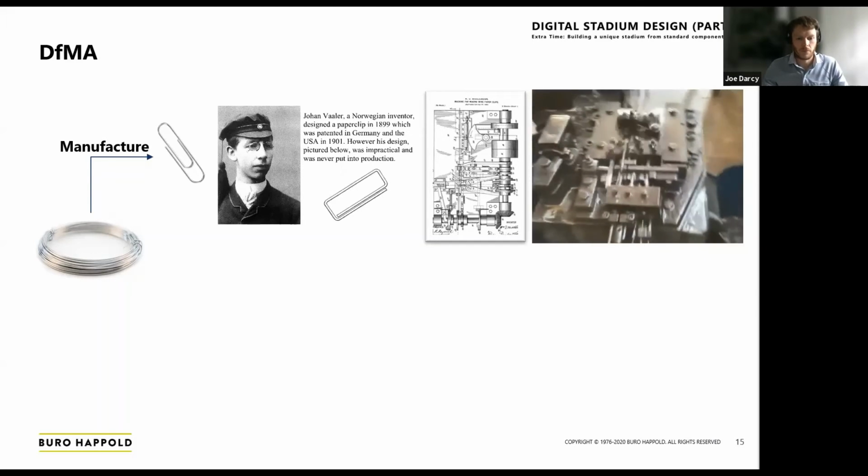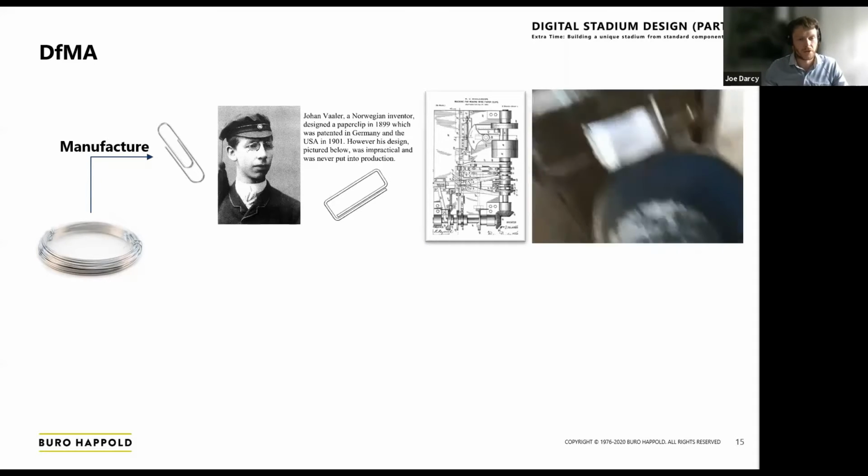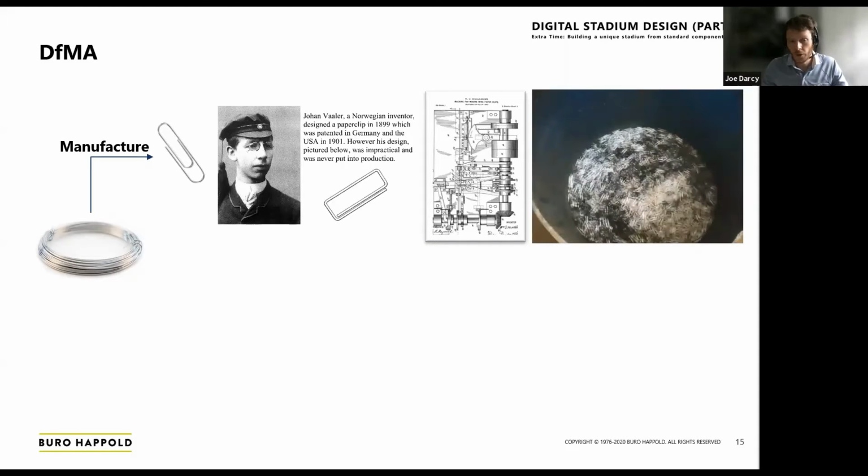Lots of people came up with different designs. There was one Norwegian inventor who invented something that, whilst it functionally worked, couldn't actually be produced. Whereas the paperclip that we all know today largely hasn't changed in over 100 years, because the process of producing it was so efficient and drove the design so much.